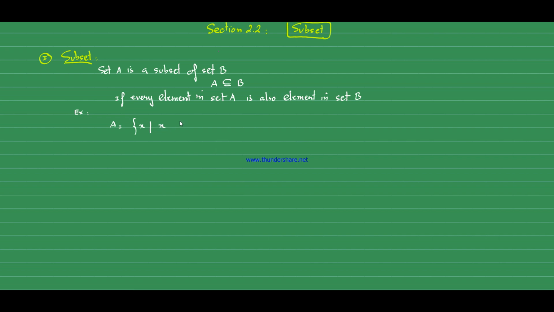Set A includes some X, where X represents a planet of our solar system. So X is a planet in our solar system. And how many planets are in our solar system?